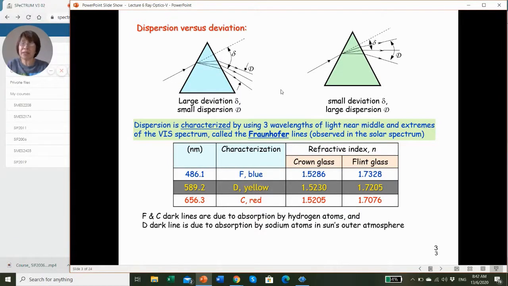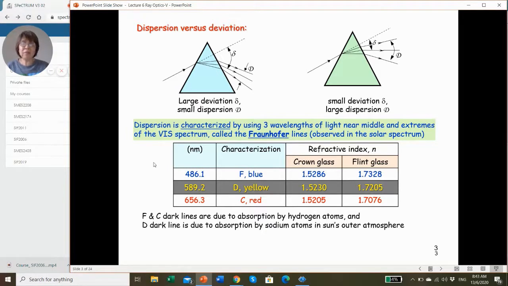Dispersion can be characterized by using three wavelengths of light which are near the middle and the extremes of the visible spectrum, and they are called the Fraunhofer lines, which are absorption lines observed in the solar spectrum.